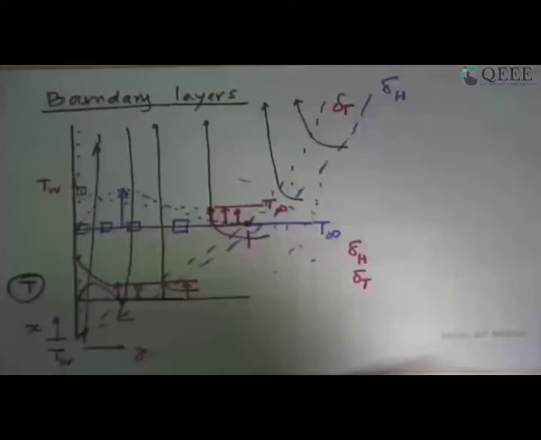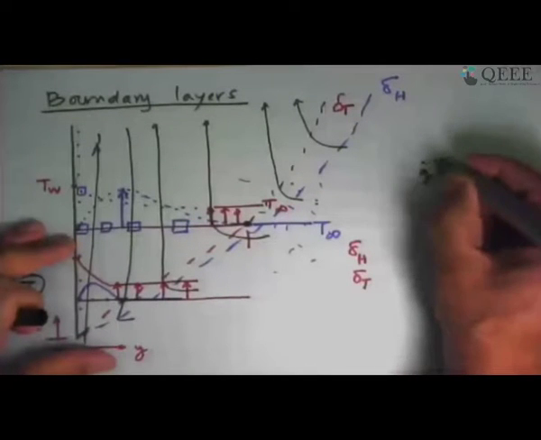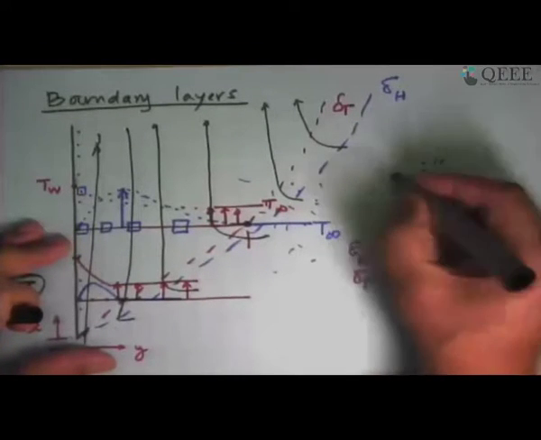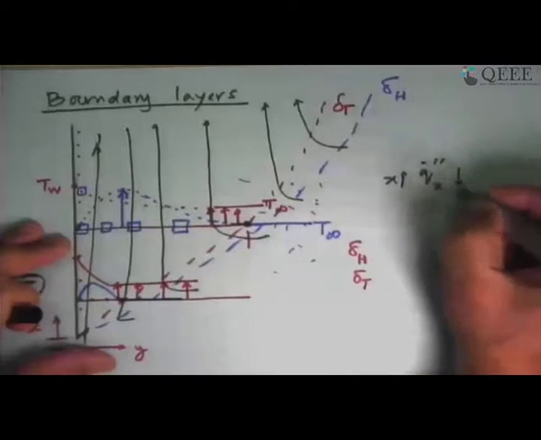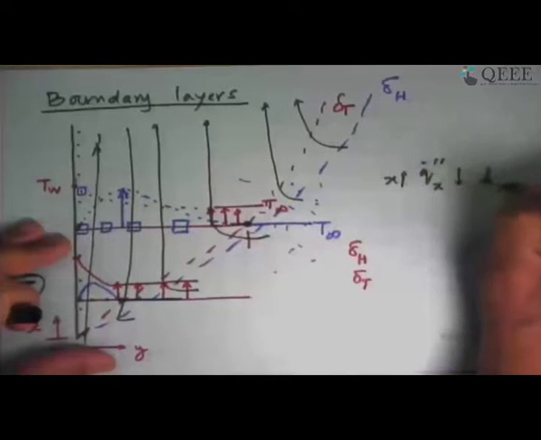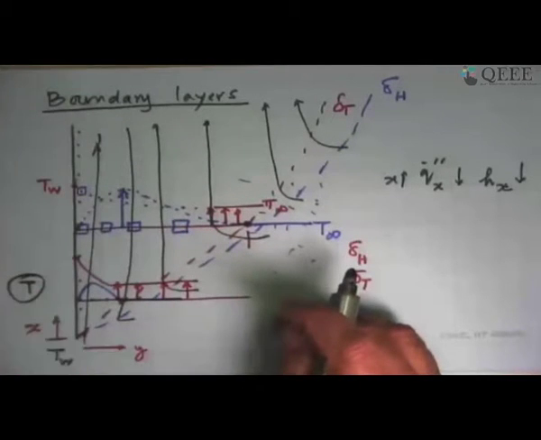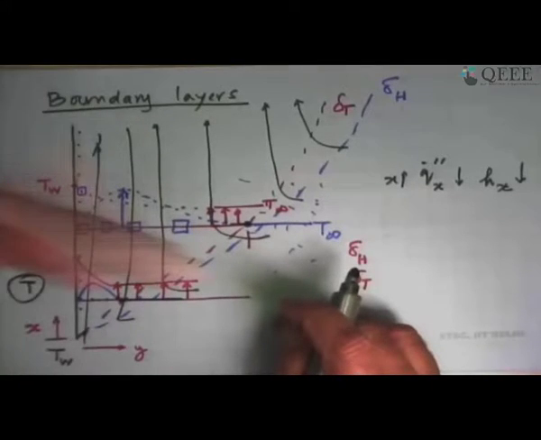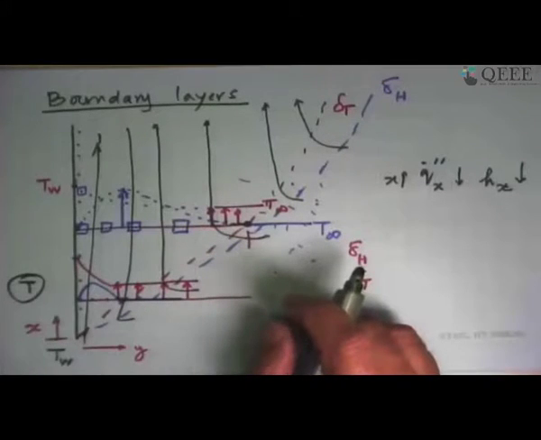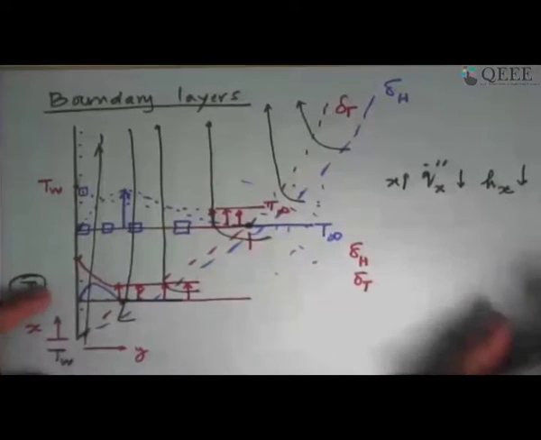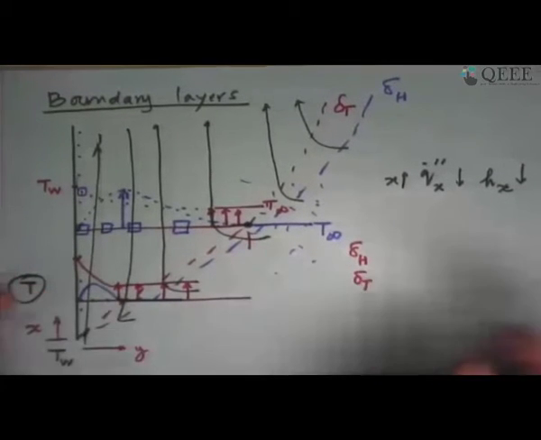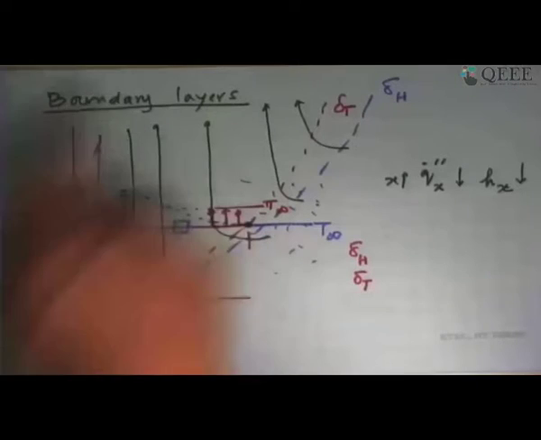So q dot double prime locally decreases as x increases, which also means that we can expect the local heat transfer coefficient will decrease in the direction from here to up. So this is qualitatively very similar to what we saw in forced convection.